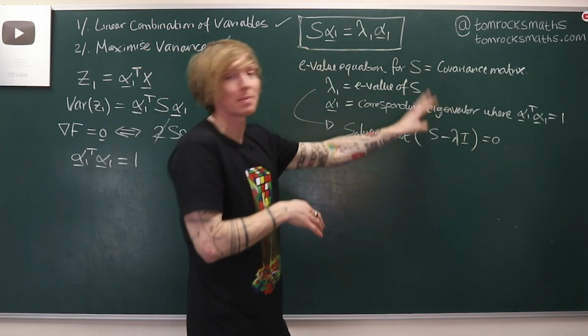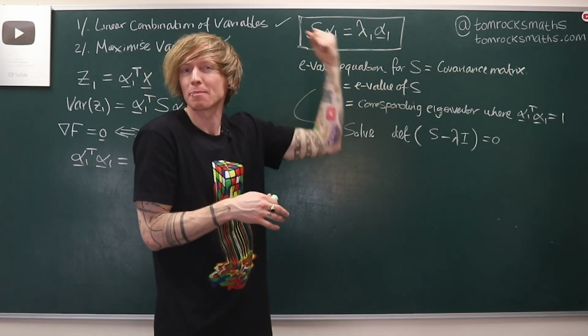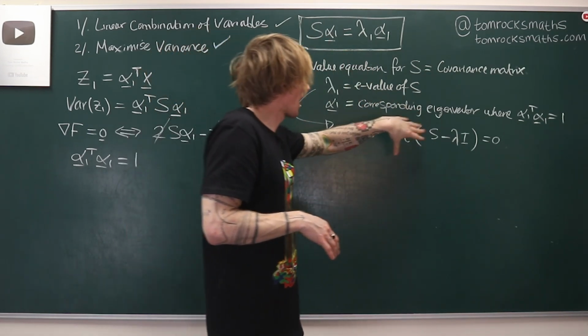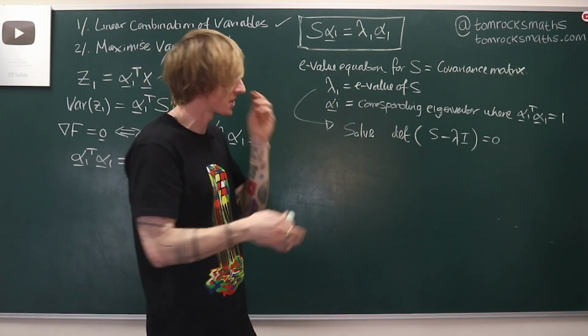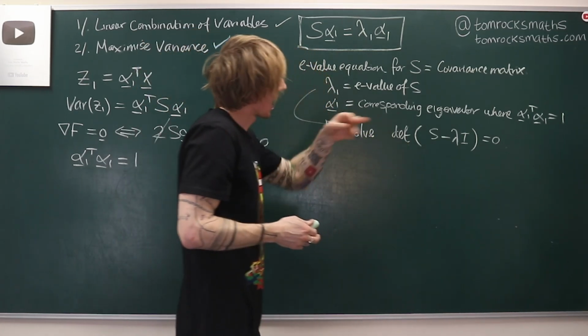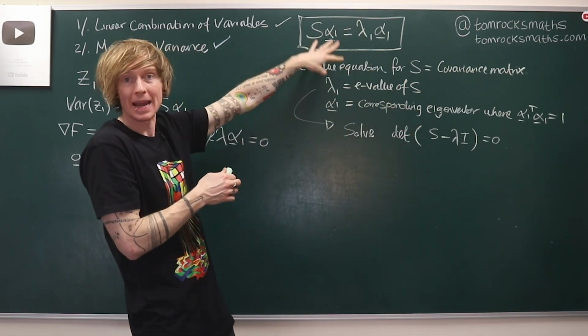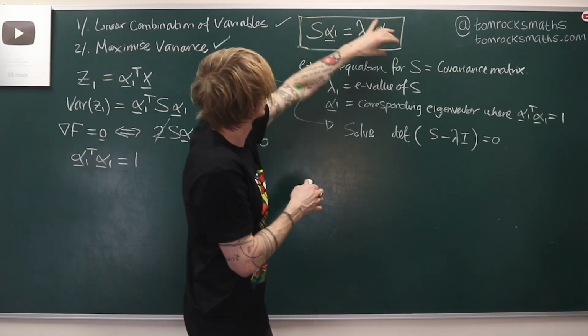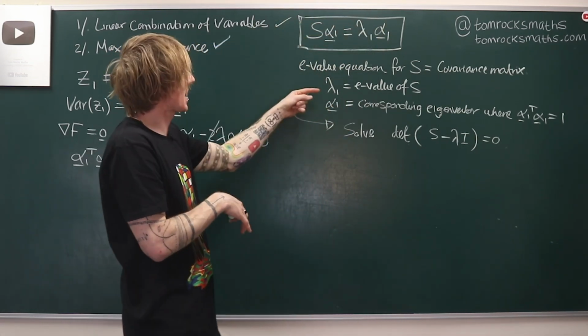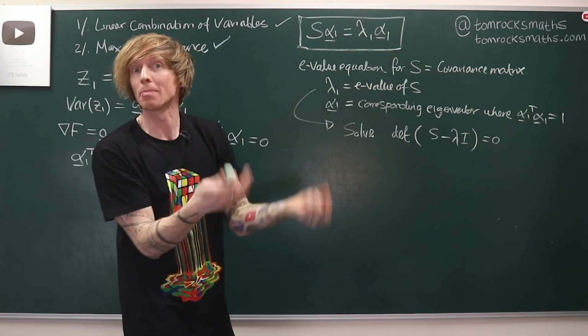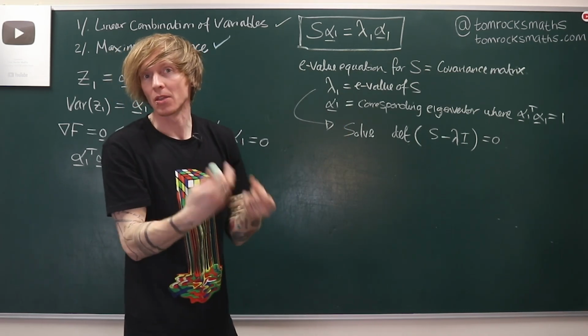This will be a pth degree polynomial, and therefore we'll have p roots. So we will get those p different eigenvalues from solving this equation. And then you substitute back into here, and we solve for alpha to get the corresponding eigenvector, and that is going to be the principal component. That's going to be the rotation that we want.